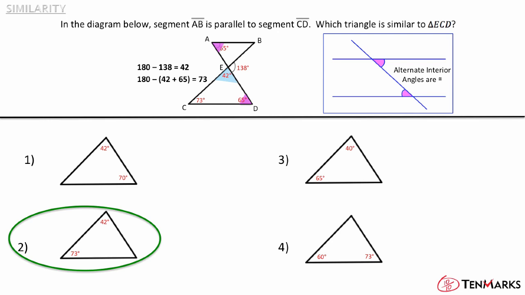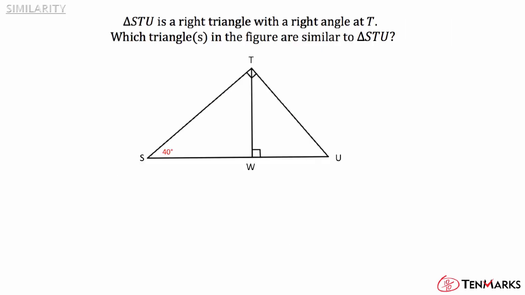Let's try another problem. Triangle STU is a right triangle with a right angle at T. Which triangle or triangles in the figure are similar to triangle STU? First, find all the missing angles in the figure. Two out of three angles are given in triangle STU. To find angle U, subtract the known measures from 180. Label angle U as 50 degrees. Do you have enough information to find angle WTU?